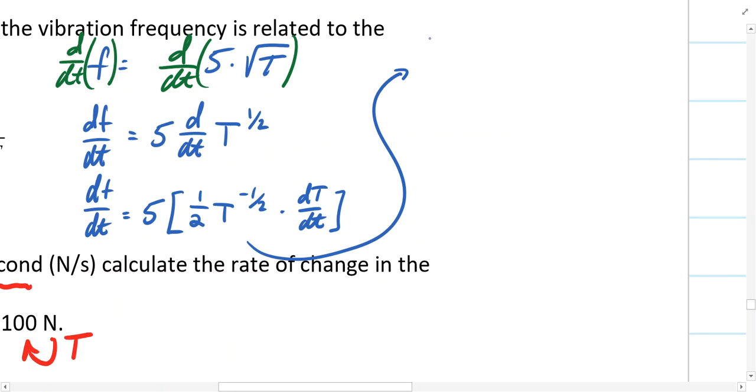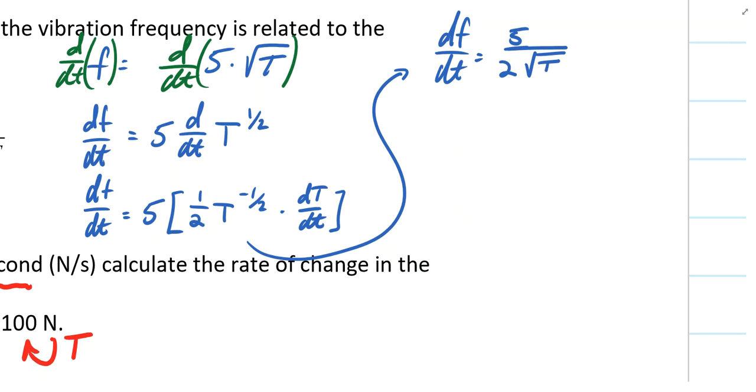So that tells me that df/dt is equal to 5 over 2, and this T to the negative 1/2 power is the same as the square root of T in the denominator of this fraction. So 5/2 from 5 times 1/2, the negative power pushes the T to the denominator, and the fact that this is a 1/2 recreates the square root. All of that, of course, is being multiplied by dT/dt.